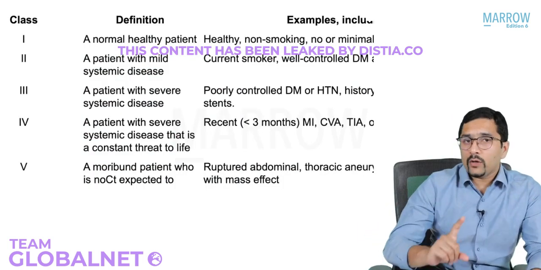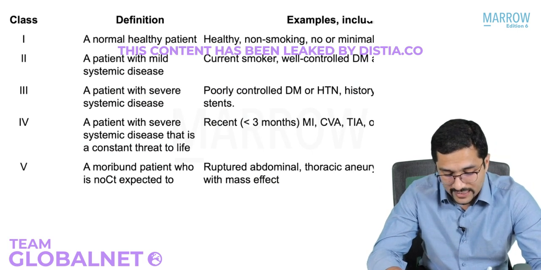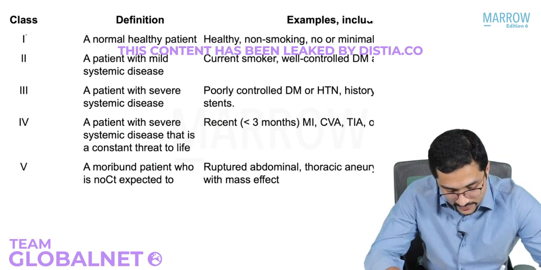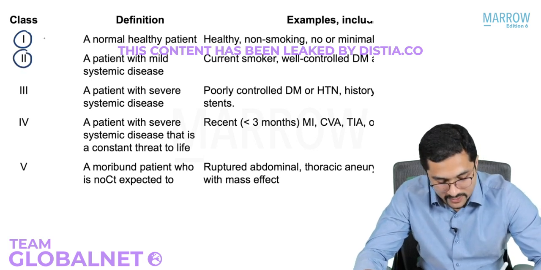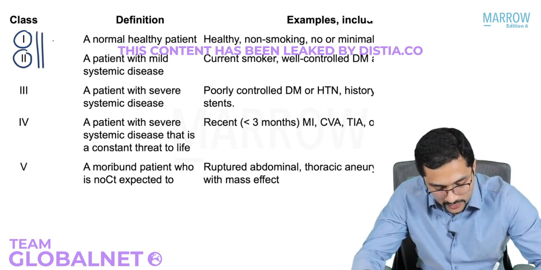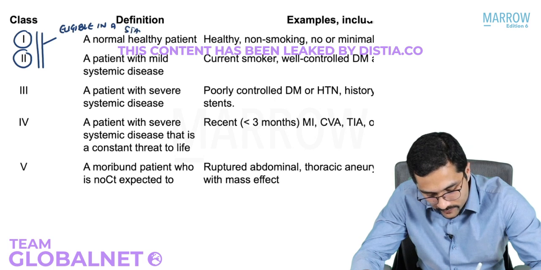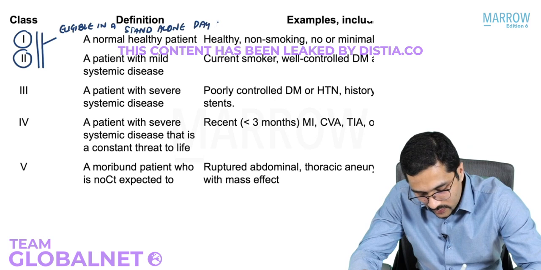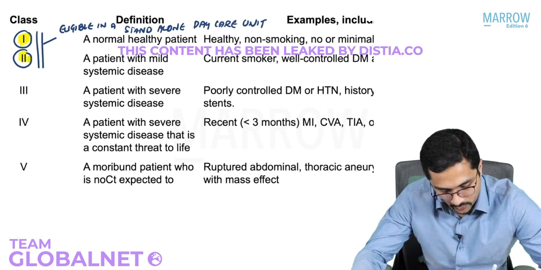So you already know about ASA grades, right? We've discussed ASA grades in anesthesia with you. Class 1 is a normal healthy patient and class 2 is a patient with mild systemic disease. 1 and 2 are eligible in a standalone daycare unit. So in a standalone daycare unit, you can operate ASA 1 and 2 patients with no problems.